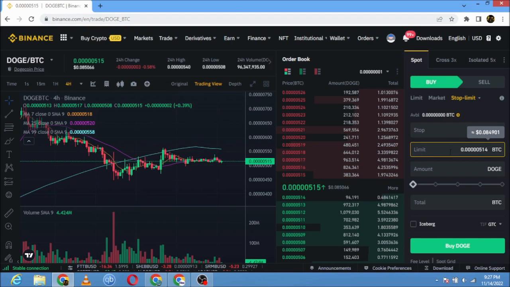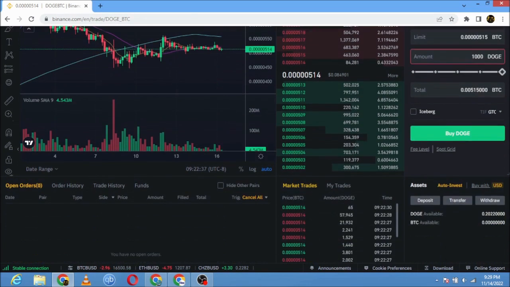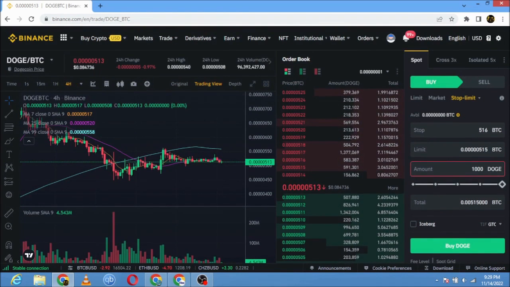When it comes to limit, this is the price your order will be placed from. So when you say maybe it is at 15 right now as it is moving, so I want to buy 1000 Dogecoin at this amount of BTC, and I buy. Once you press your order, it will be here as I have explained to you.